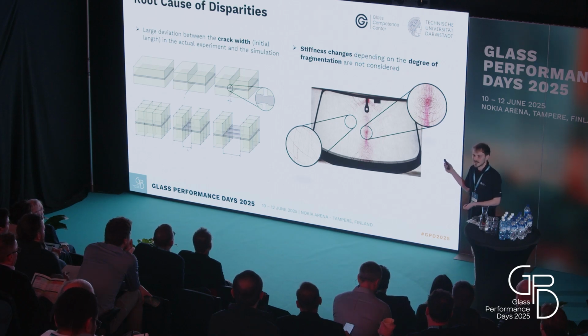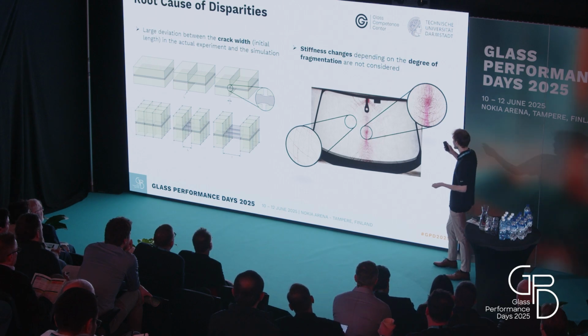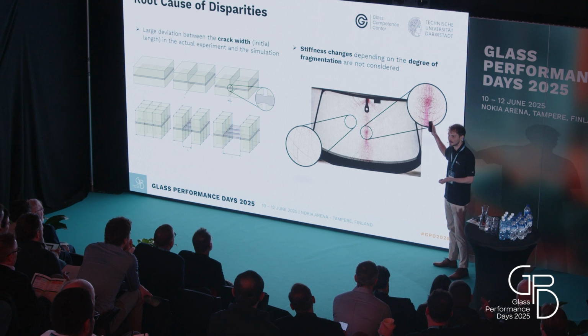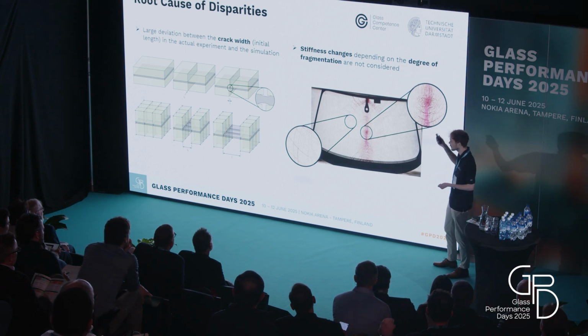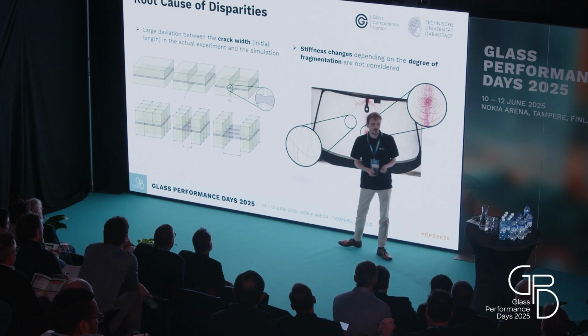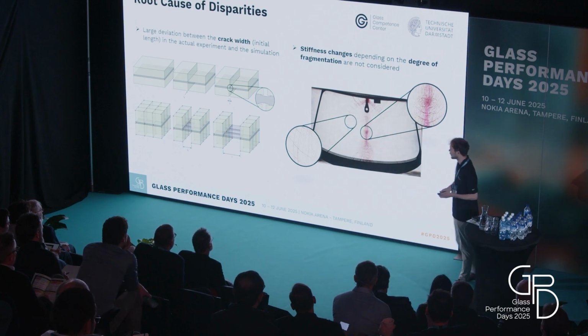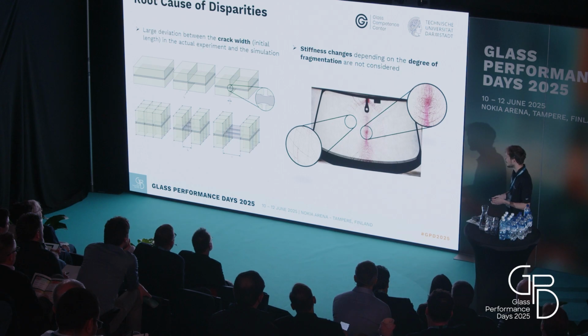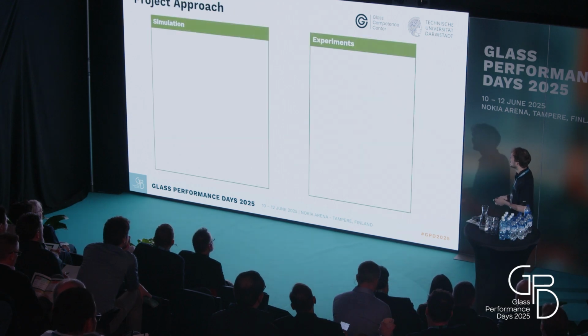This is clearly not the case in reality, where we see different zones of fragmentation. For example, here in the middle we have a pretty high fragmentation rate with very small fragments, and in the outer circles we get a lower fragmentation rate with bigger fragments. This we want to consider in our project.